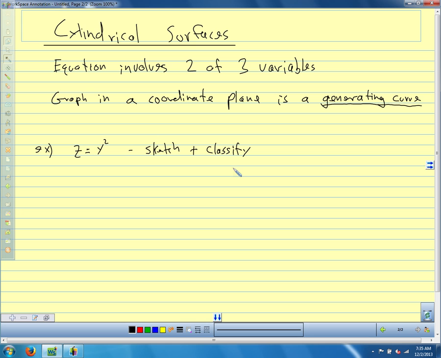So z equals y squared. Let's sketch our axes. For z equals y squared, what's going to be our generating curve? It's a parabola. So our generating curve is a parabola in the yz plane.